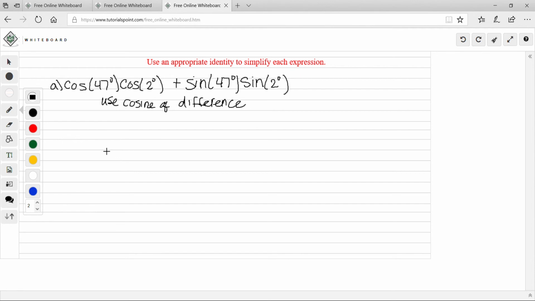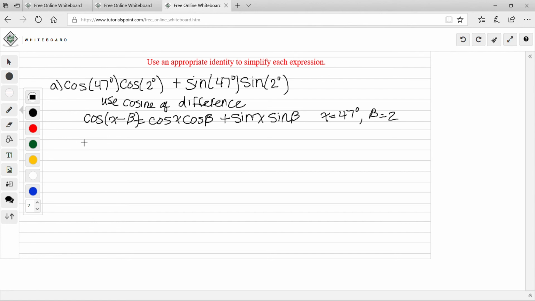What cosine difference is: cosine of alpha minus beta. So we'll say alpha is 47 and beta is 2.